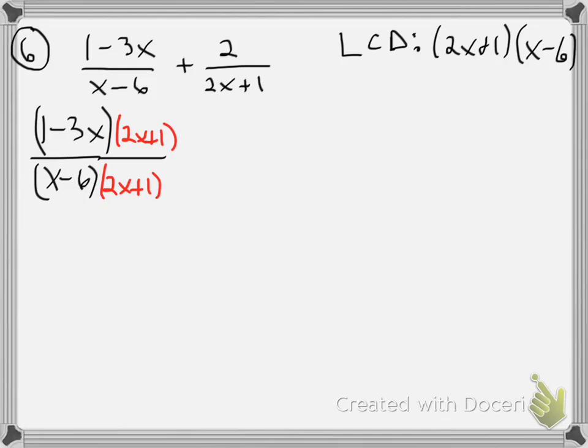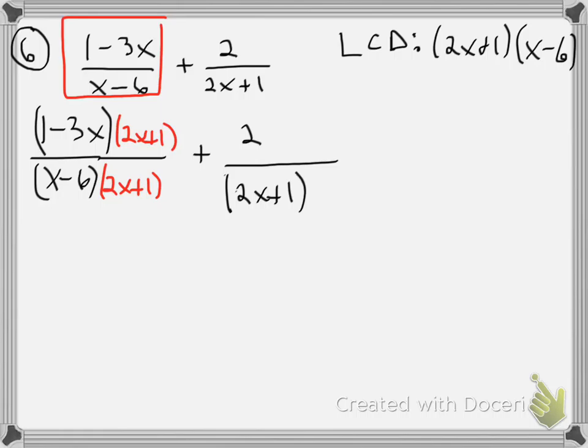Now that just deals with this right here. So now I'm going to do the same thing on the other one, plus 2 over 2x plus 1. That one needs an x minus 6, and whatever I do to the bottom, I do to the top.